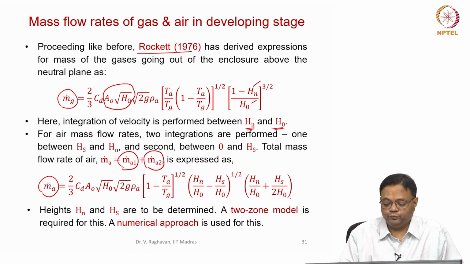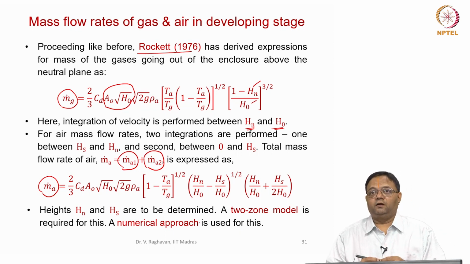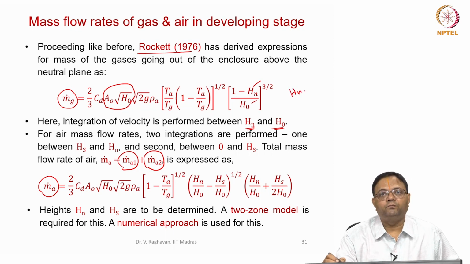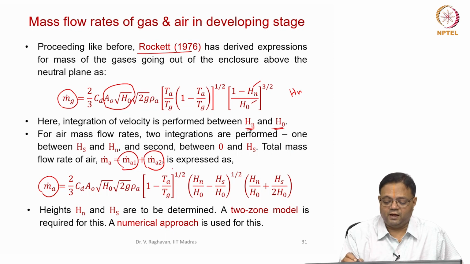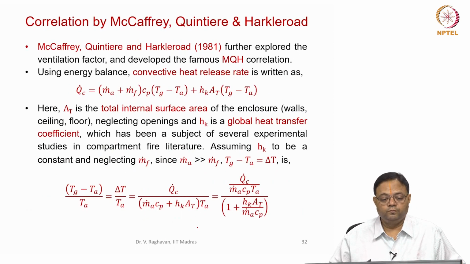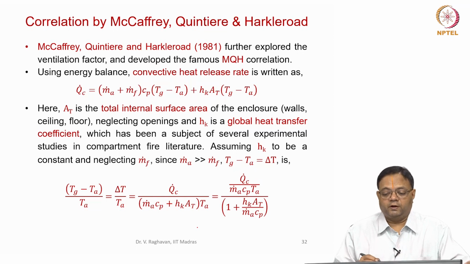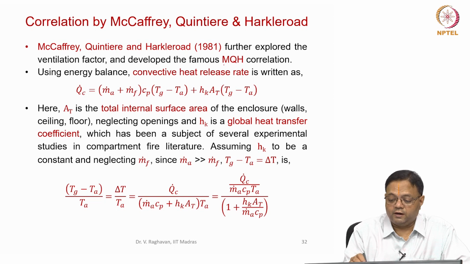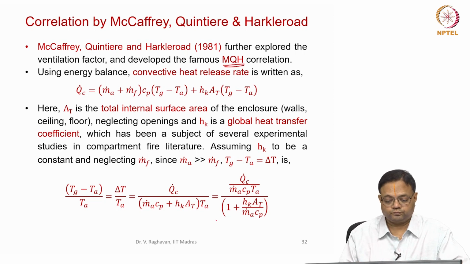You can see that this cannot be solved easily, because for the developed fire, for getting the value of Hn, we had some theoretical basis, but in this case a numerical approach is required to determine this. Now, we go for the McCaffrey, Quintiere and Harkleroad correlation, which is called the MQH correlation.